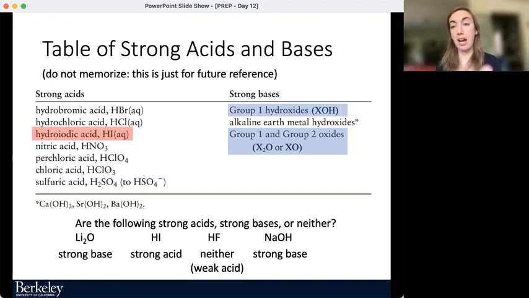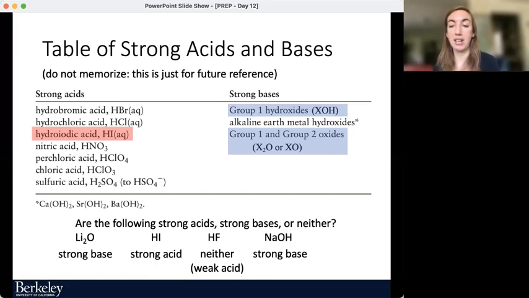So that's for strong acids and strong bases. For whether it's an acid or a base, you can start to develop some intuition. HF looks kind of like HI, it has that proton that it could get rid of. So it's not a strong acid, it's not on this table, but it's more likely to be an acid than a base. It has a proton it can pretty easily get rid of.